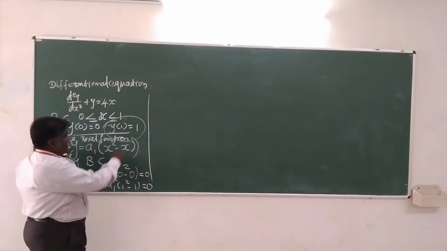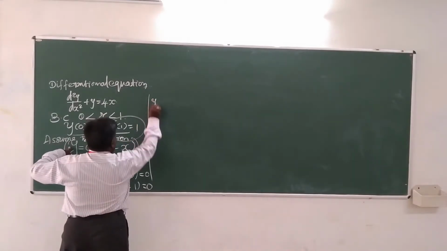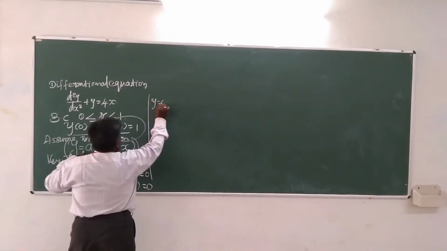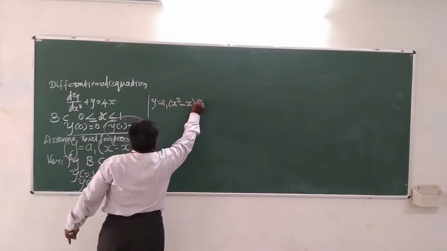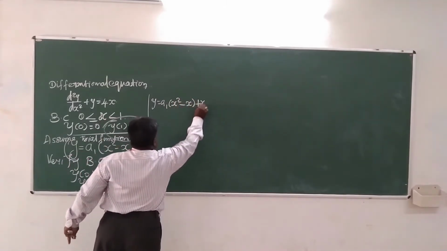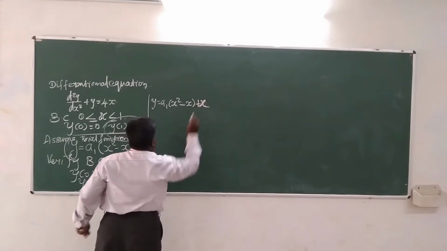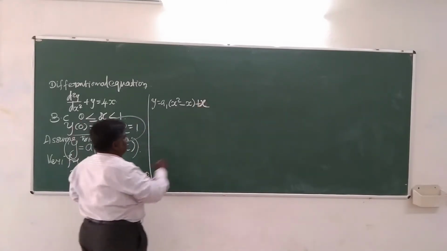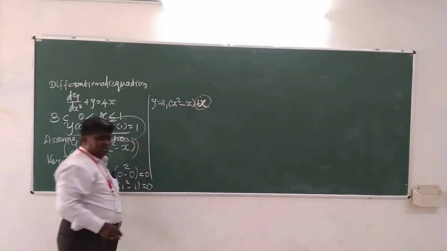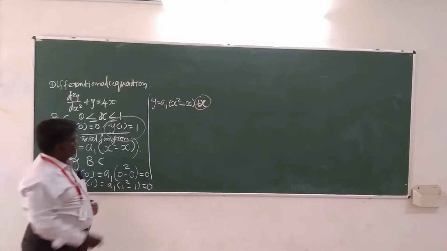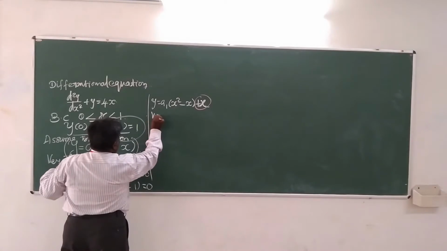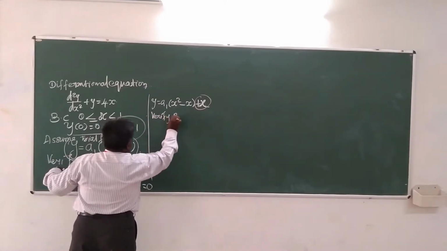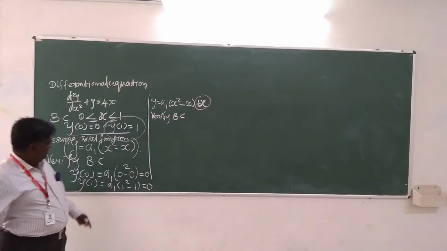So we have to reassume the trial function as a1 times (x square minus x) plus x. Now we have to verify the boundary conditions again using the same procedure.